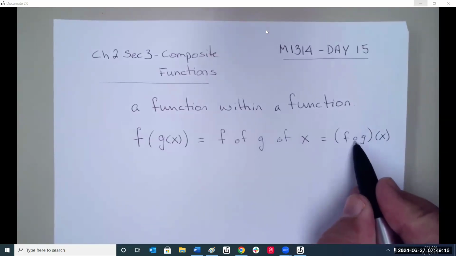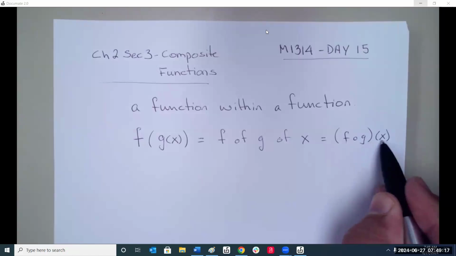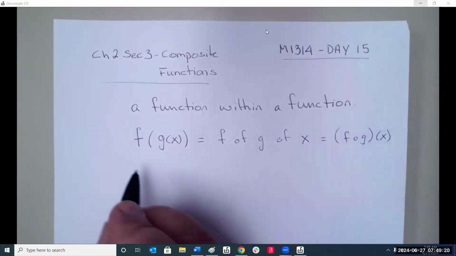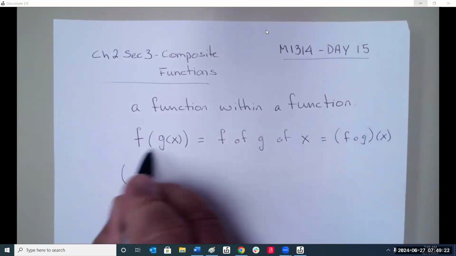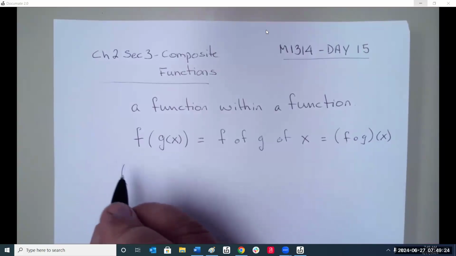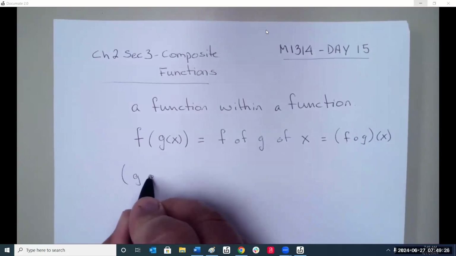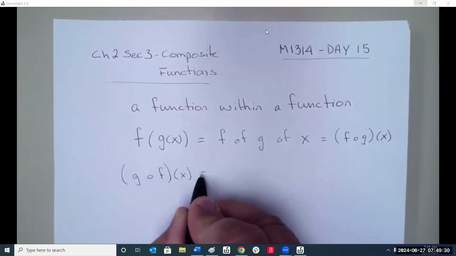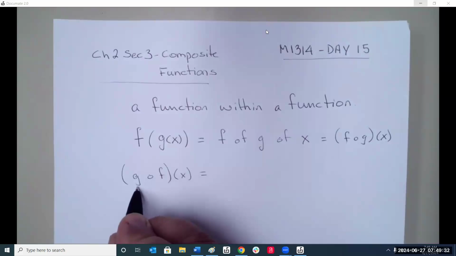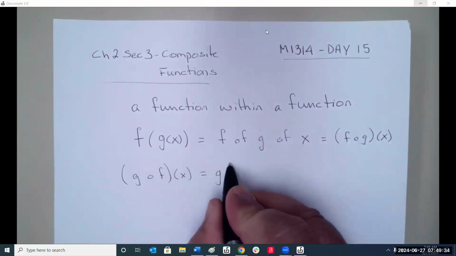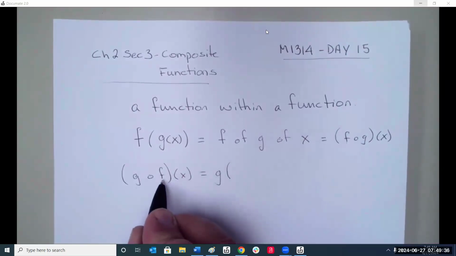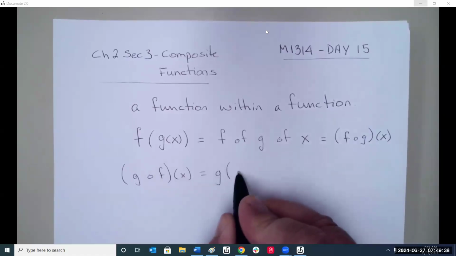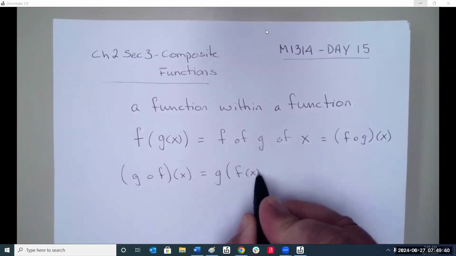So it's f of g of x. How these orders go is not that important, because whatever comes first is the outer function. So this one's the g function. Inside there is the f of x.